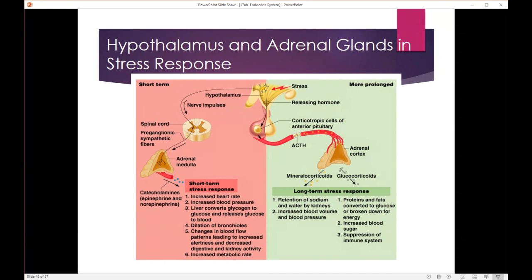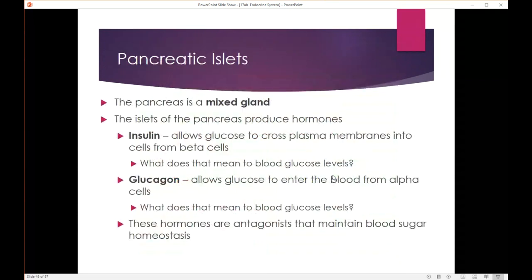So we're going to retain that sodium and water by the kidneys. We're going to increase our blood volume and blood pressure. With glucocorticoids, the proteins and the fats are going to be converted into glucose. So we're going to be building up new glucose, gluconeogenesis, or we can break them down into energy. We're going to increase our blood sugar, and we're going to suppress our immune system. Okay, short-term stress response, long-term stress response.